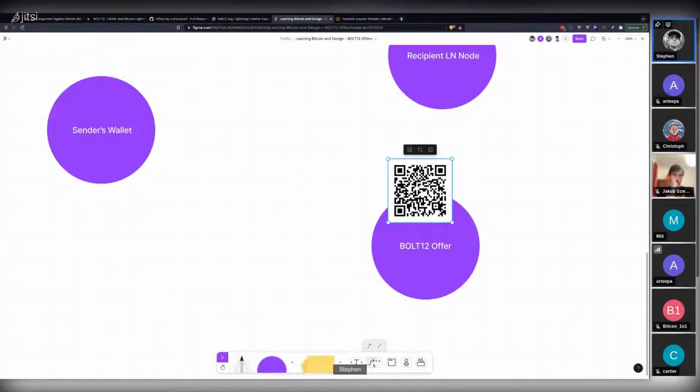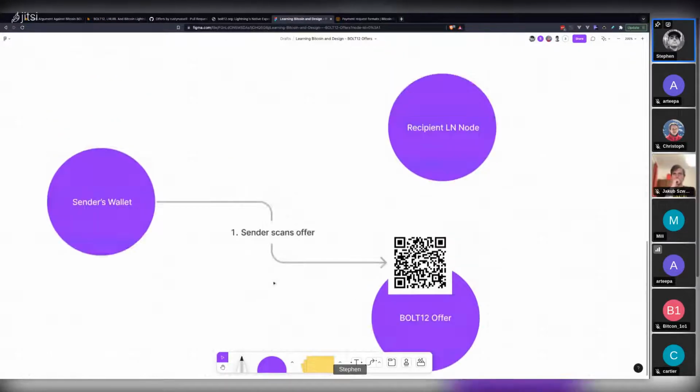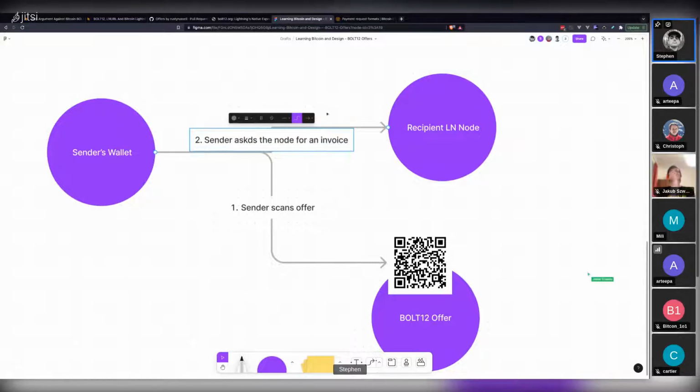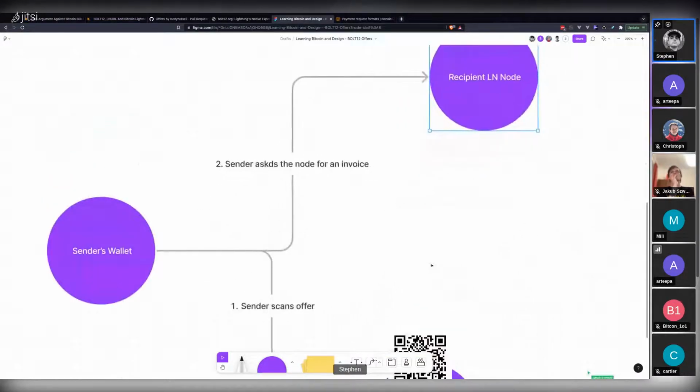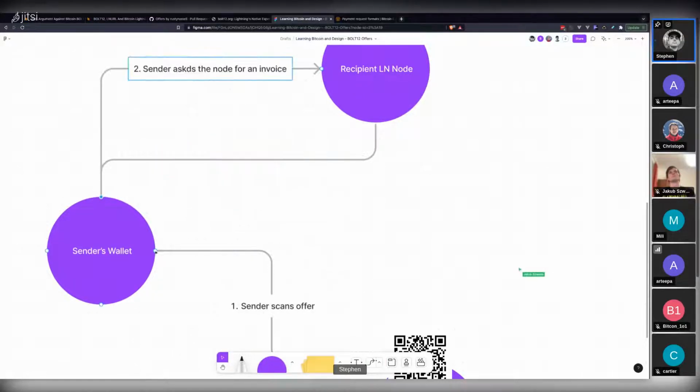And then we'll say step one, sender scans offer, and then using information contained in that offer, sender asks the node for an invoice. And then we'll have a little flow diagram here.